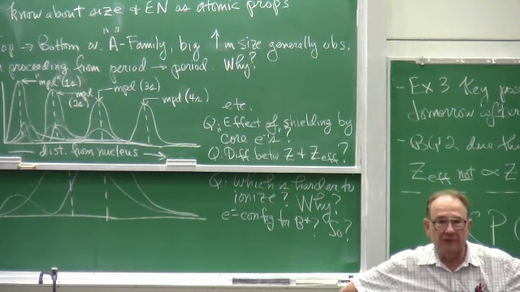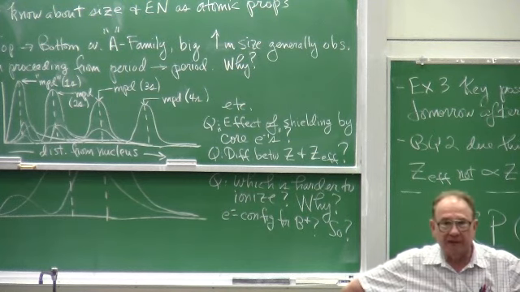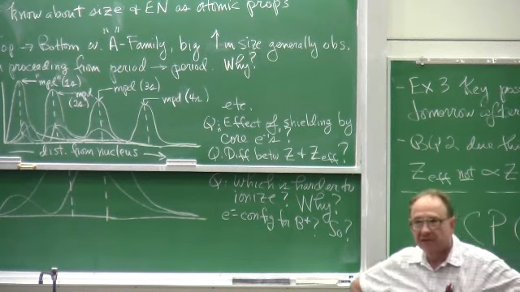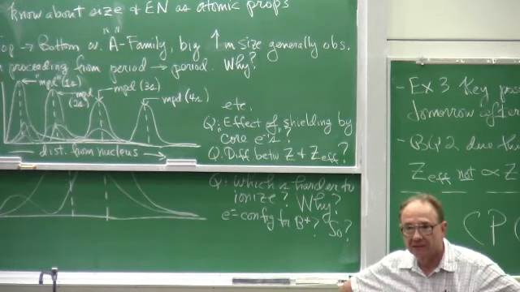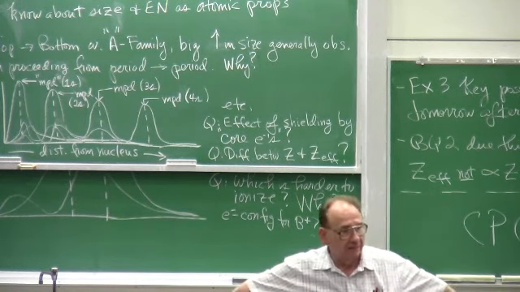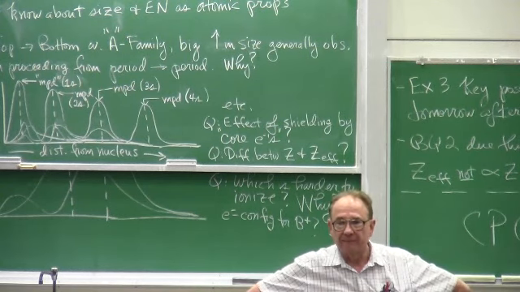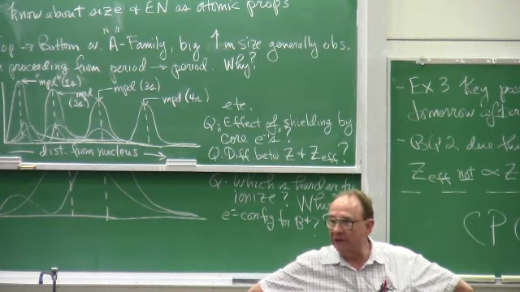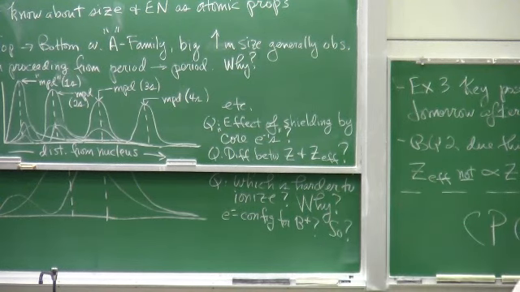Has it got any 4p electrons? Potassium? I'm just poking at you to see what you remember about electron configurations. Now, how about potassium? Has it got any 3d electrons? Yeah, I heard a vote for yes. What atom in the periodic system is the first atom to have a d electron in its configuration?